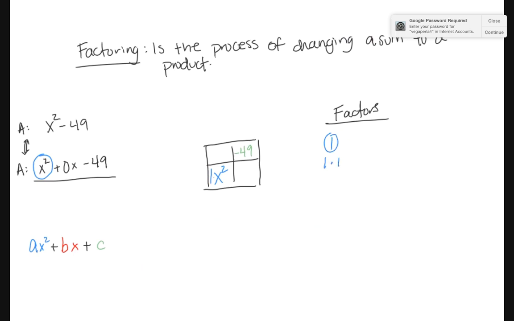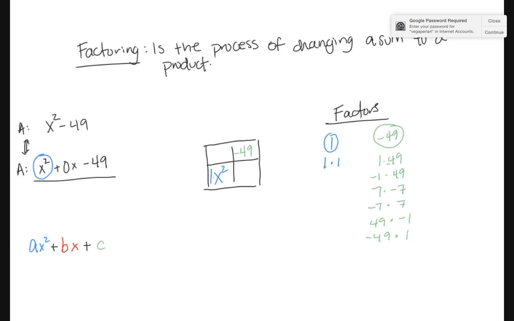And then the factors of negative 49, well, we know one has to be positive and one has to be negative in order to get a negative number. So then we would have 1 times negative 49, negative 1 times positive 49. Remember, we have to try to find all these different combinations. 7 times negative 7, and then negative 7 times 7, and 49 times negative 1, and negative 49 times 1. So all those different combinations when you have negative numbers.